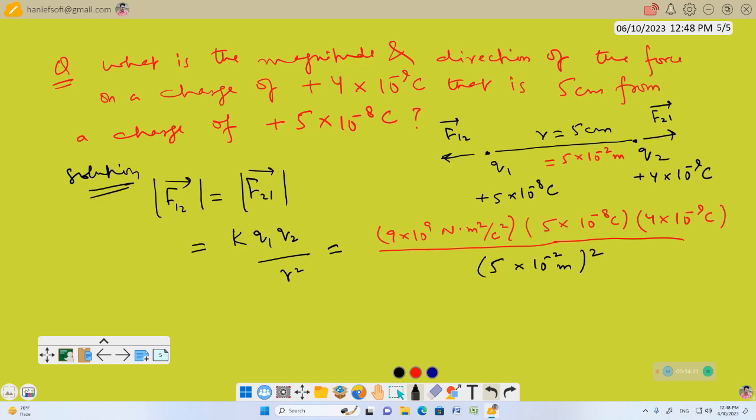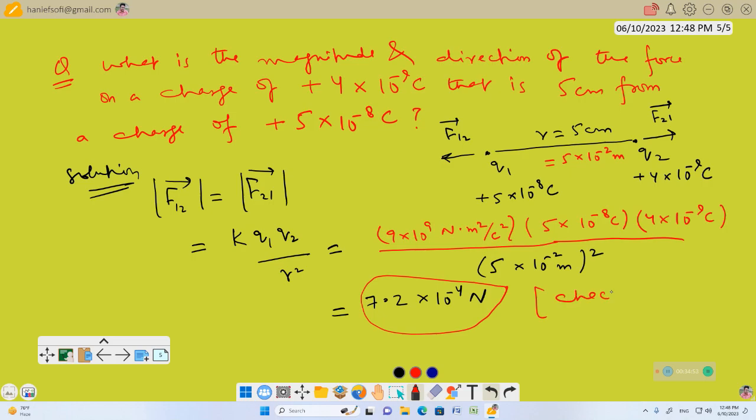So K, Q1, Q2 over R square, 5 into 10 raised to minus 2 meter whole square. When I do this calculation, it turns out to be 7.2 into 10 raised to minus 4 Newton. This is the magnitude of the force.